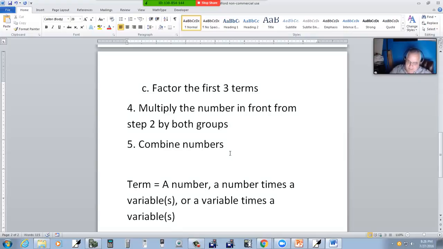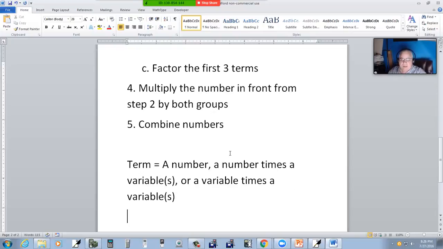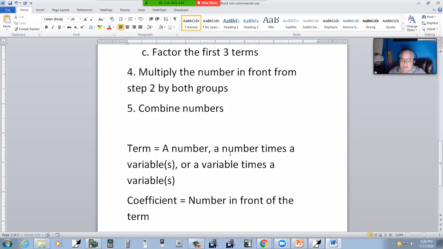Now this is a simplistic definition. You'll find a more complex one in the book, but this will get us going with what we need. We have the coefficient. This is the number in front of the term in terms of multiplication. For example, if we had 3x, then our coefficient would equal 3.